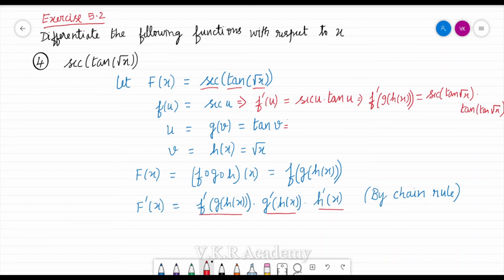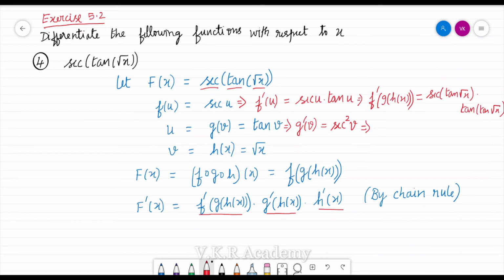And differentiating g of v, I get g dash of v equal to secant squared v. Differentiating tan, we get secant squared.